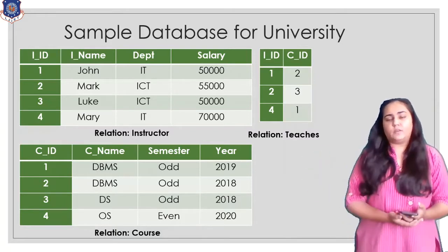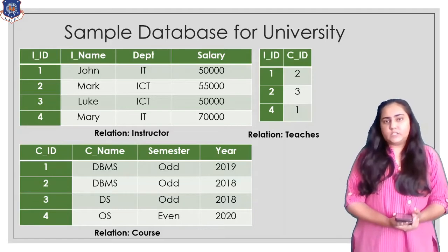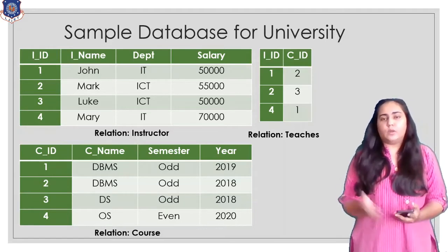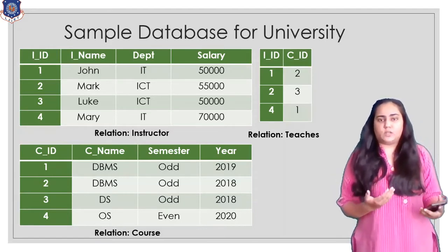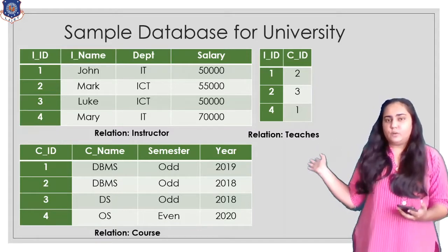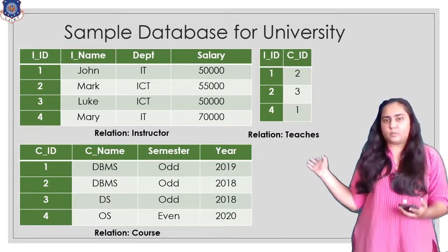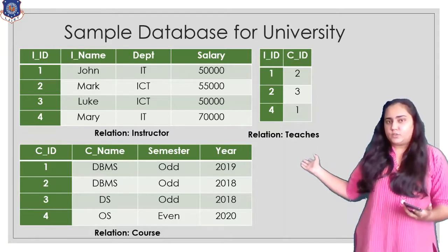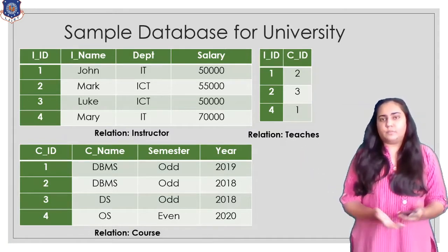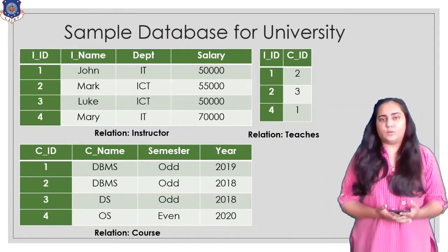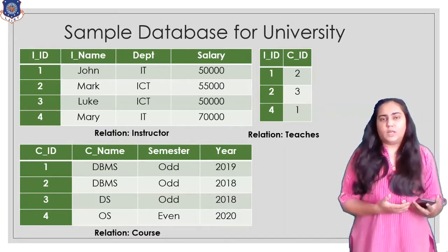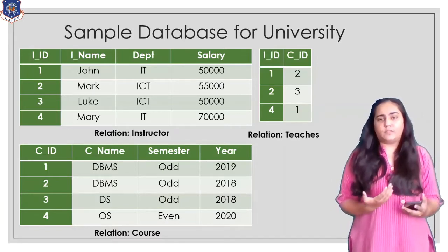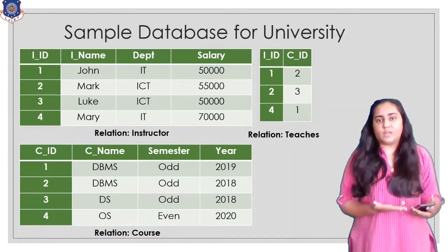And then we have the teachers table. The teachers table tells you the relation between instructor and course. So if you look at one of the rows of teachers table, for example, the last row shows you 4 with 1. And so you can go to instructor table and find out who is having the ID 4, and you'll know it is Mary.